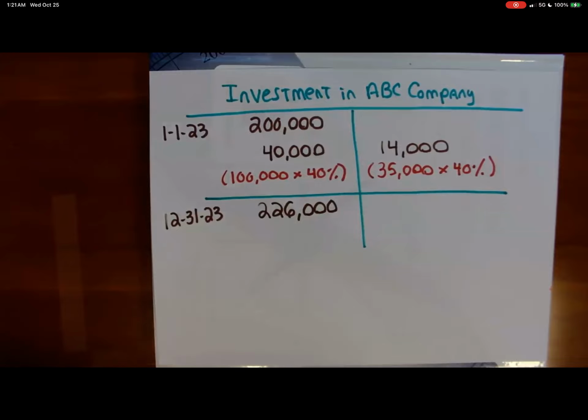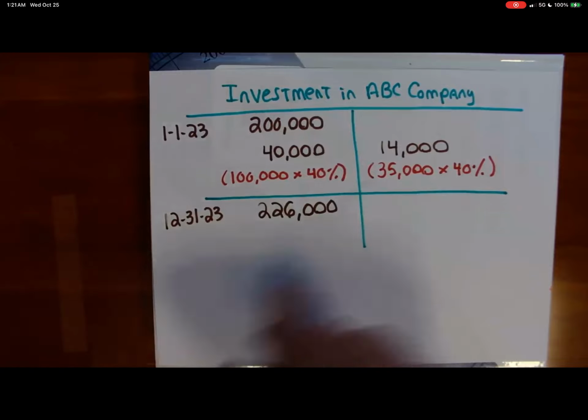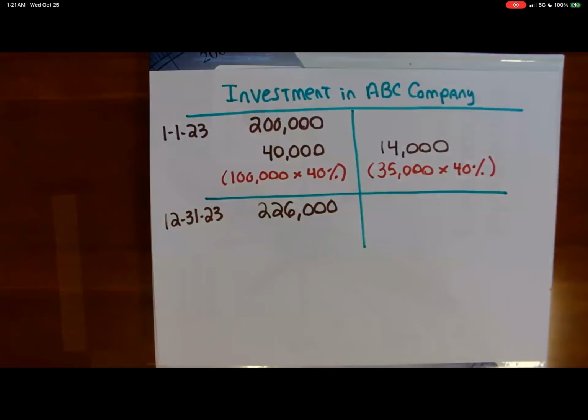Matthew, I have one more quick question for you in a second. But any questions on what he did? Again, that's one I definitely want you to make sure you know. Matthew, to get the balance at December 31st, 2024, what are you going to do? You wouldn't do anything because when you own over 20%, you don't have to do a mark-to-market adjustment.